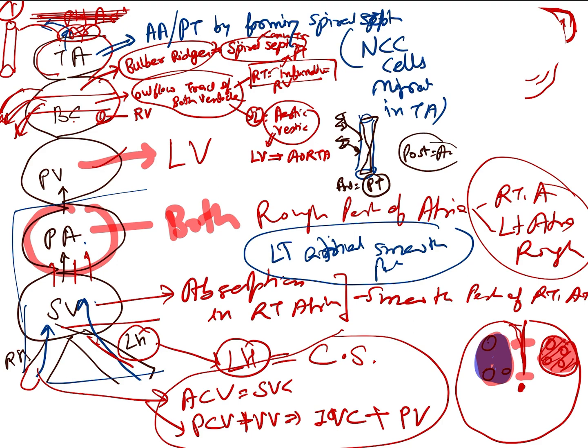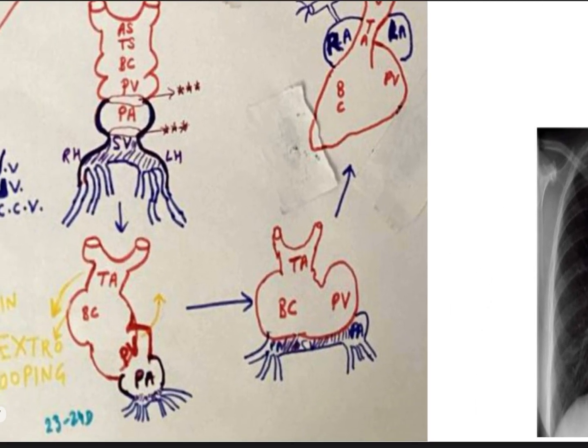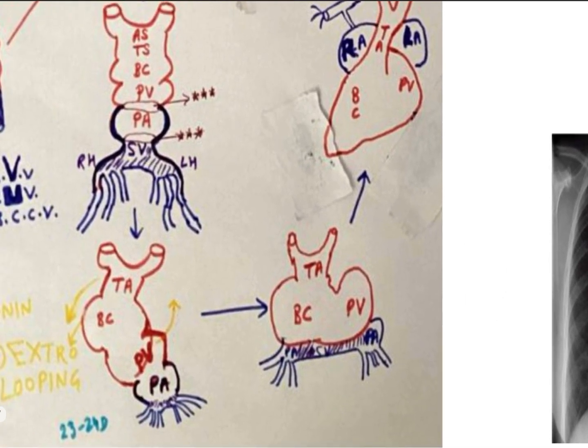Okay, I have explained the fate of the sinus venosus, primitive atrium, primitive ventricle, bulbus cordis and truncus arteriosus. Now again, see what happened during the development of the bulbus cordis. I have explained multiple times during my first lecture that the bulbus cordis starts shifting toward the rightward and downward direction.